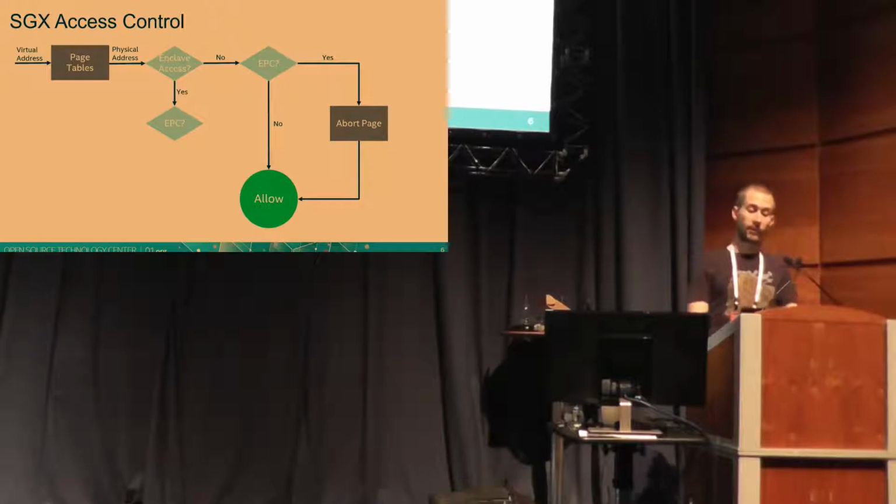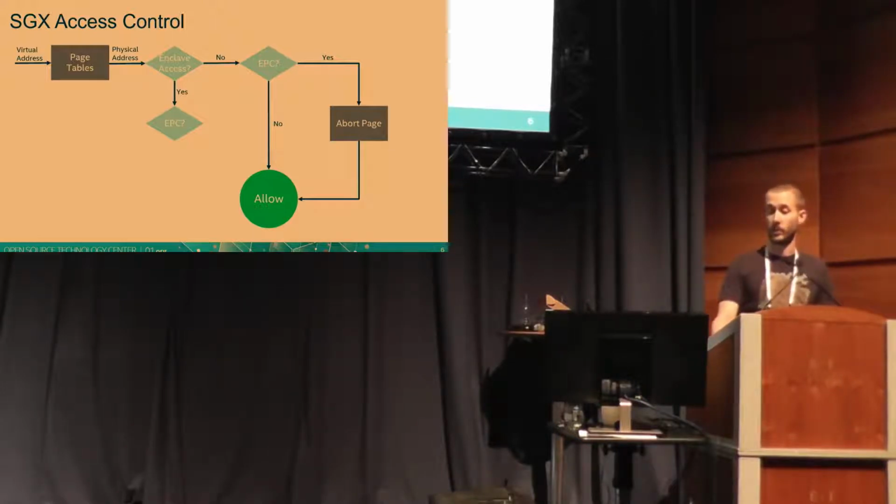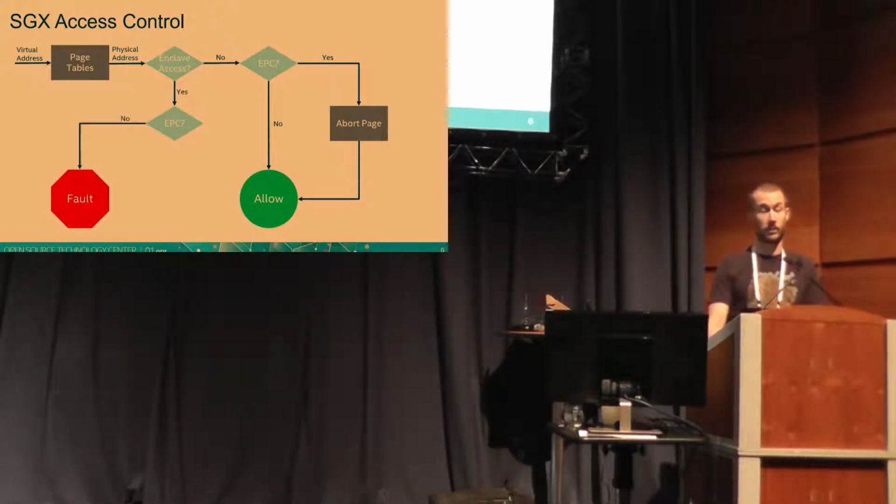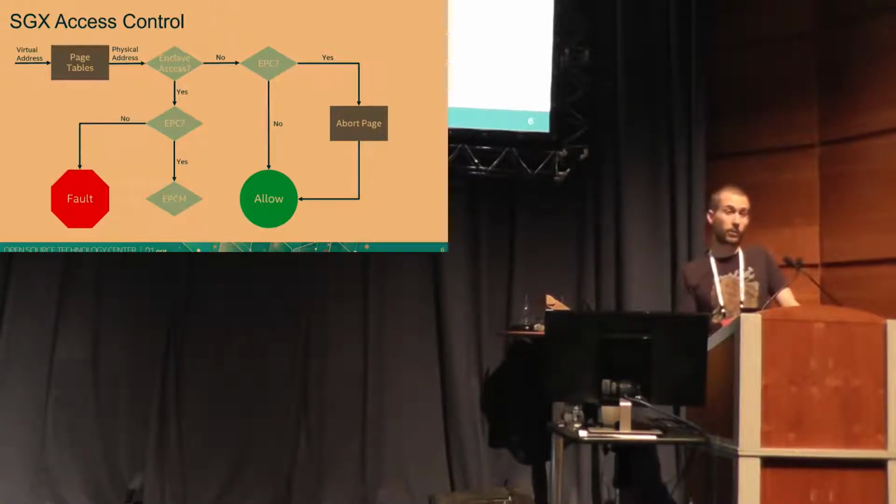If this was an enclave access, we again check whether or not we hit the EPC. Because these are supposed to hit the EPC, if they don't, you get a fault. If they do hit the EPC, so this looks like a correct access, there are additional checks made. This is where we go to the EPCM. This is the hardware-managed portion that's not visible to software that does additional checks.